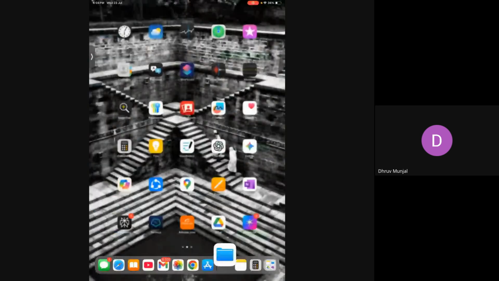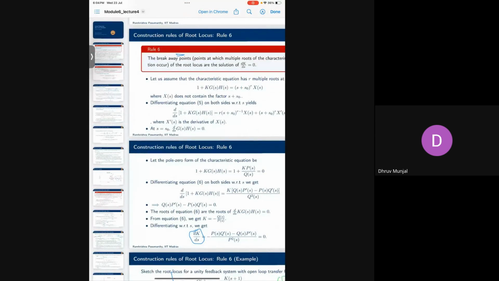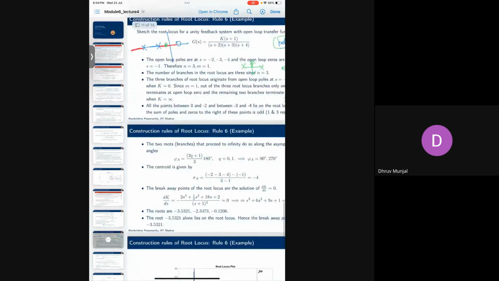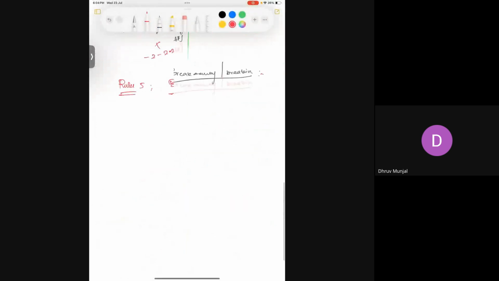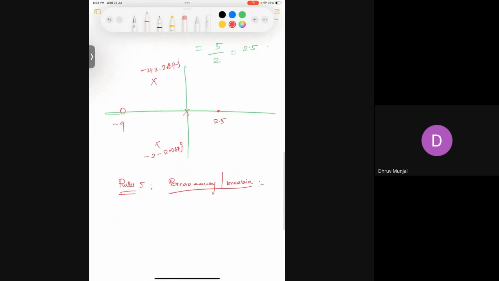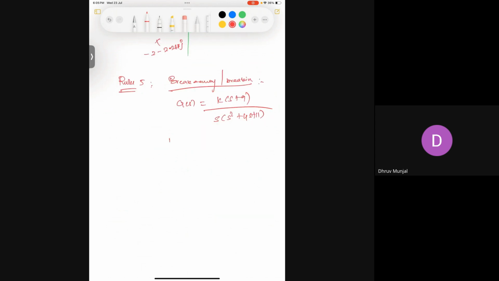Equate it to k and differentiate, dk by ds equal to 0, and find the roots. Okay, what is the k? I think there is no breakaway or break-in, but I am just calculating it for your understanding. So this will give me s into s square plus 4s plus 11 divided by s plus 9, which is equal to 0.